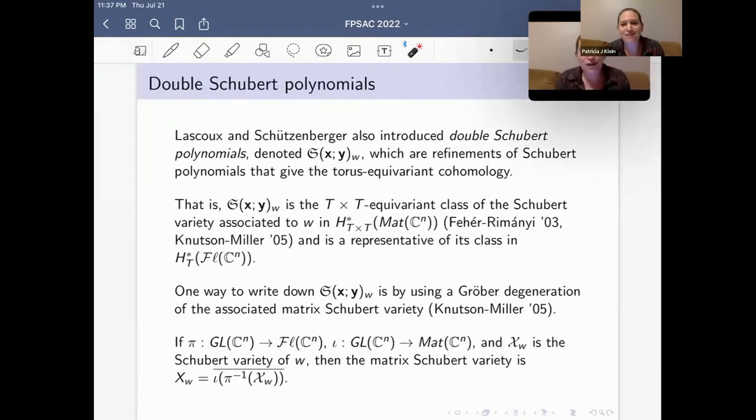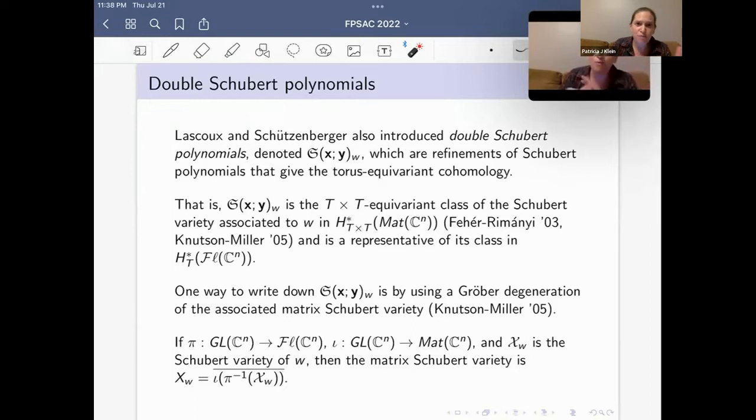There's also an equivariant cohomology story that behaves fairly similarly. And we're actually going to be studying today these double Schubert polynomials.